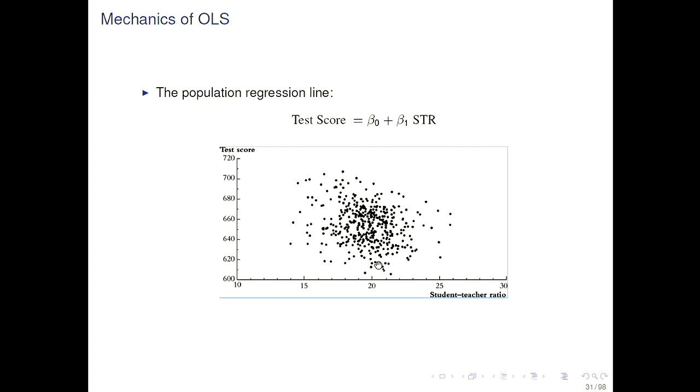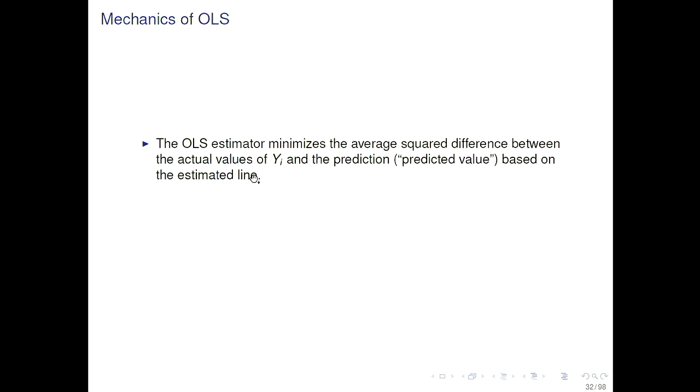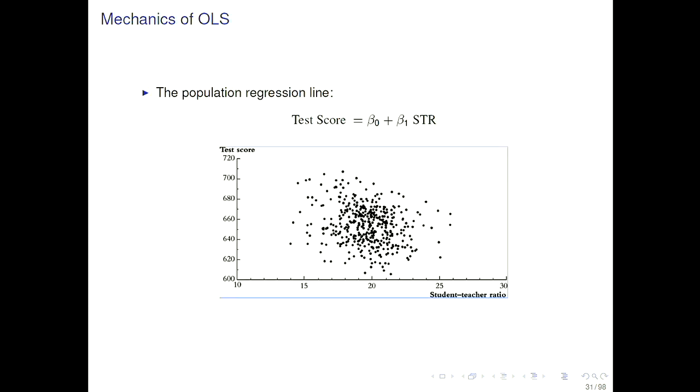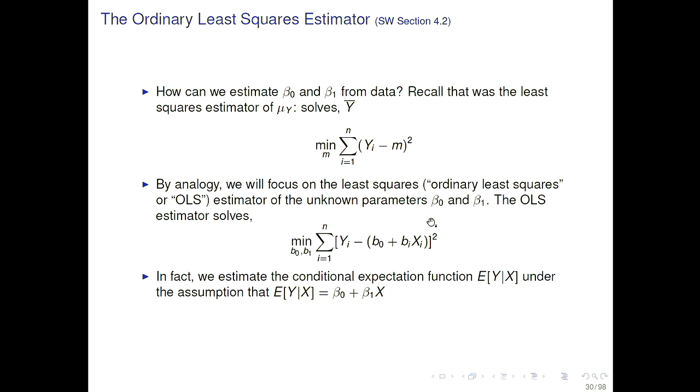This is a tough task because these dots are widely scattered, and we are restricted to draw just one straight line to explain the relationship between student-teacher ratio and test score. But we have data, and by solving this minimization problem, we can choose our estimates for beta naught and beta 1.